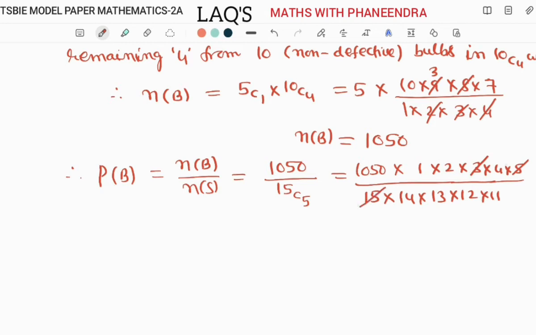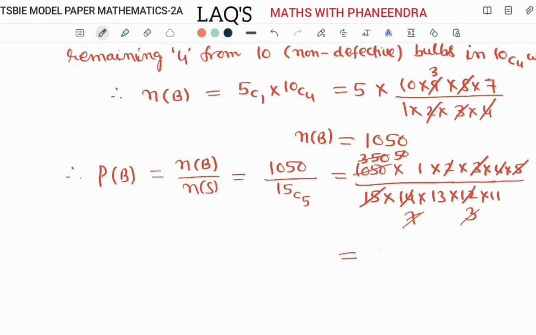Next 2 7s are 14. Even 1050 is divisible by 3, so 3 times 350, and 7 times 50 is 350.